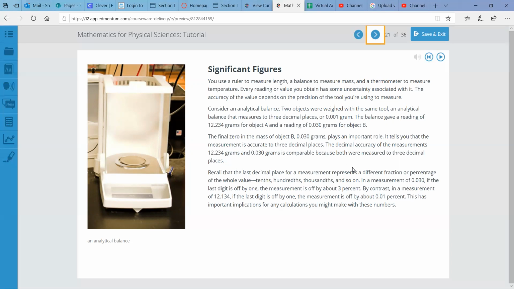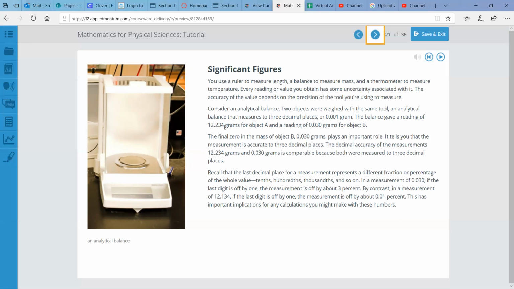I think the easiest way to think about it is the balance. Two objects were weighed with the same tool to the third decimal place. So you can measure 0.001 gram of something.